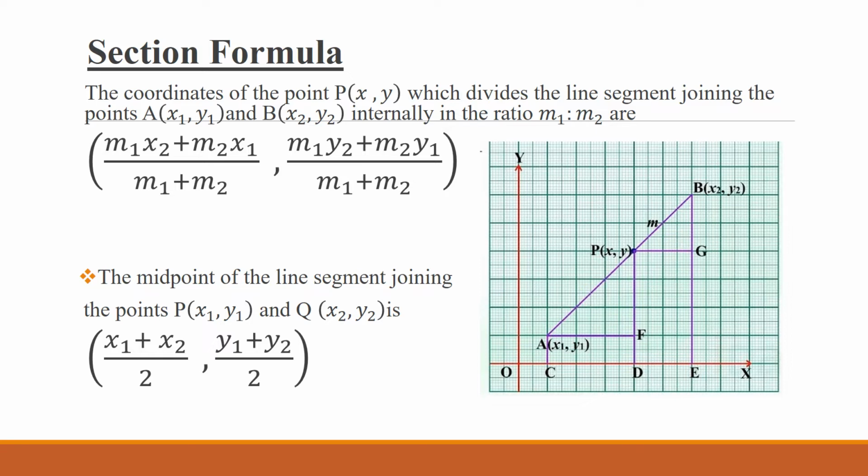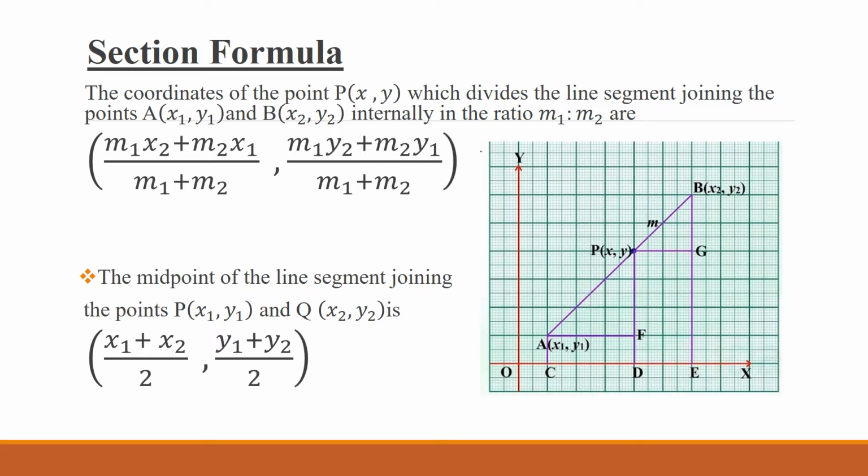In this section, we shall develop a formula generally known as section formula for finding the coordinates of P, when we are given the coordinates of A and B and the ratio in which P divides AB internally.